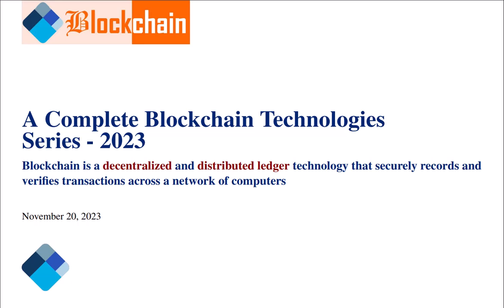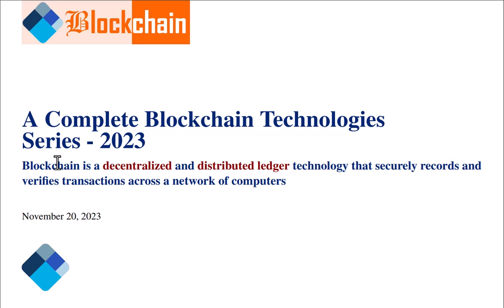So first I will tell you what is blockchain. Blockchain is decentralized, here the term which I have highlighted is decentralized. The blockchain is decentralized and it is a distributed ledger. So there are two terms, decentralized and distributed ledger.